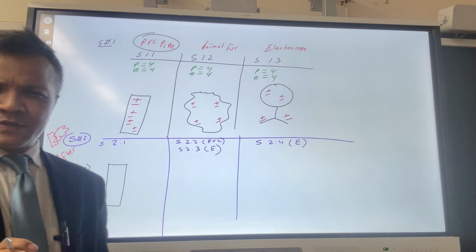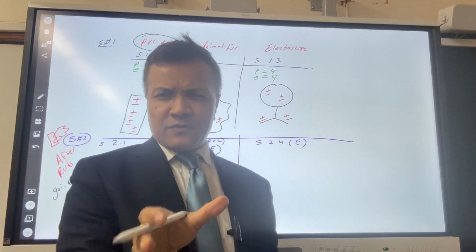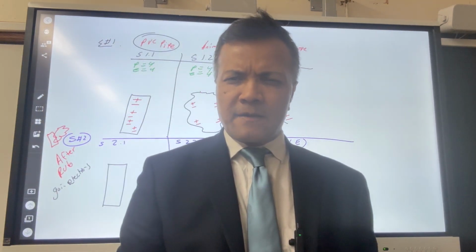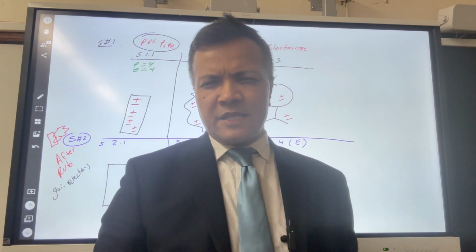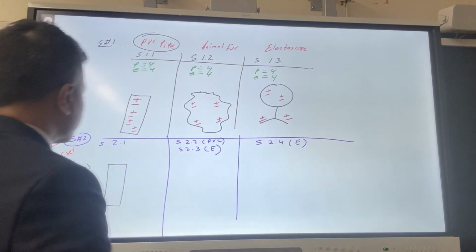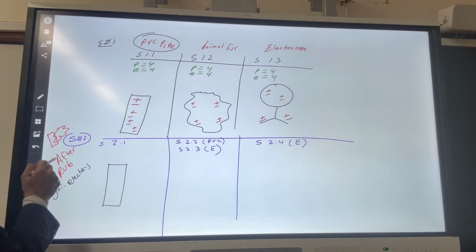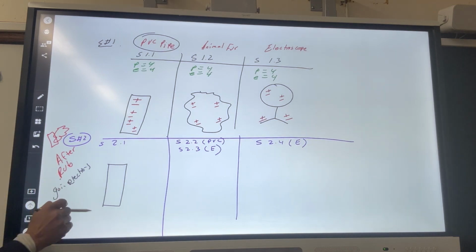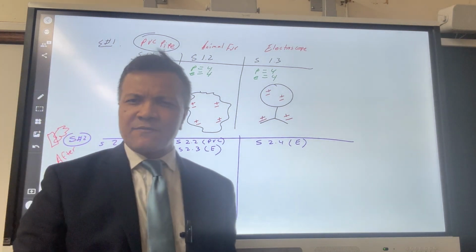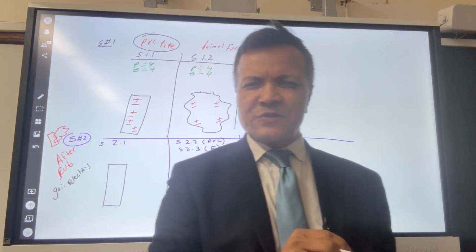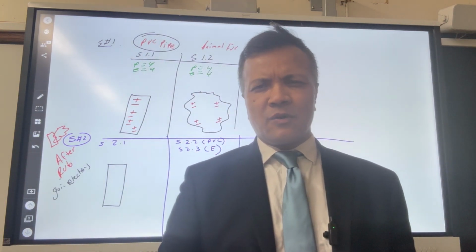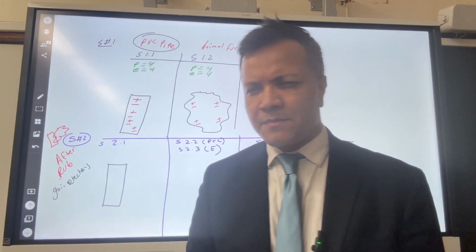And why? Because electron affinity for PVC pipe is greater than electron affinity for animal fur. Okay. After rubbing, due to triboelectric effect, there would be transfer in charge from animal fur to a PVC pipe.